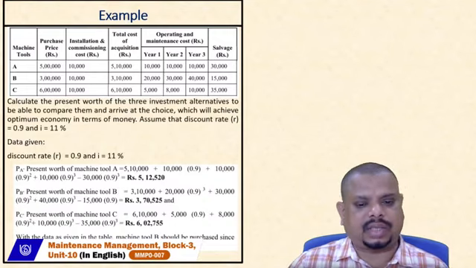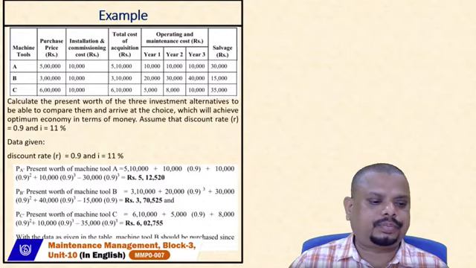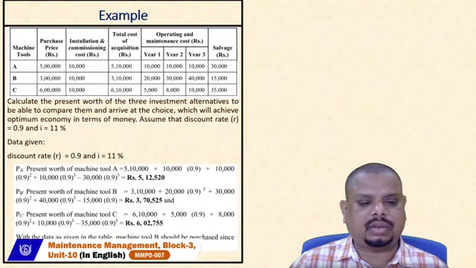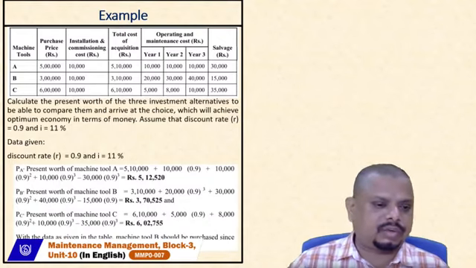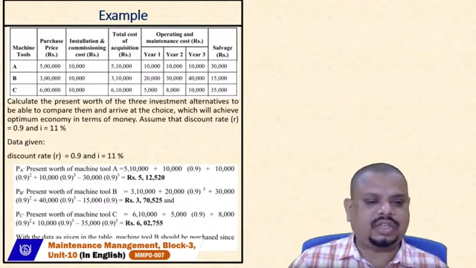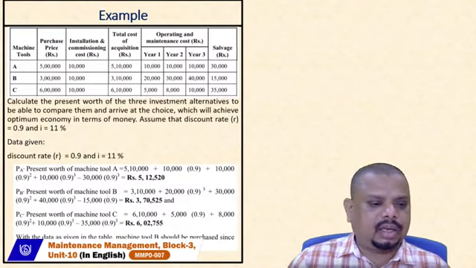Similarly, for the second year, 8,000 into 0.9 squared, and for the third year, 10,000 into 0.9 cubed, minus 35,000 into 0.9 cubed, which equals 6,02,755 rupees.